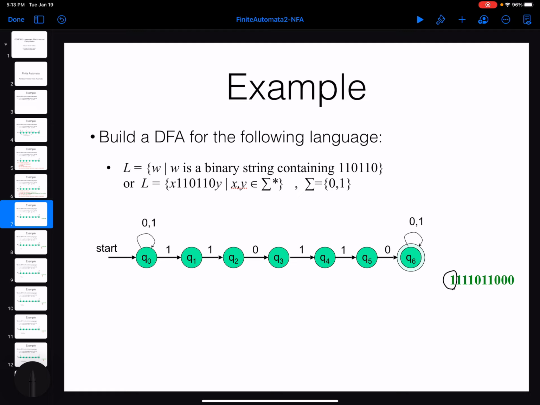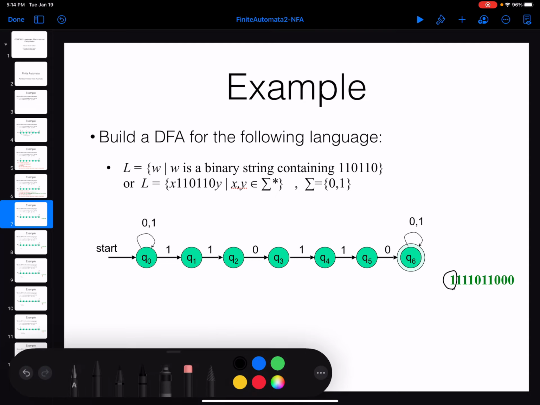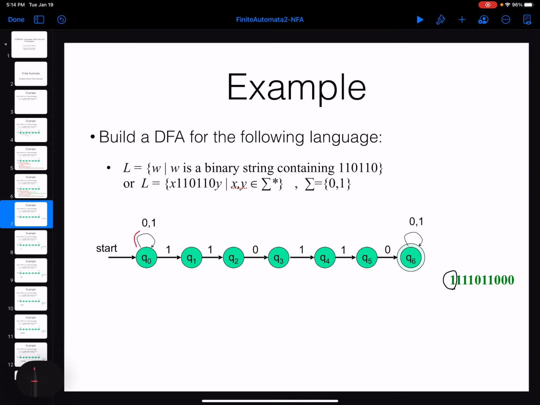At this position, should I follow this transition and stay at Q0, or should I go to Q1? The thing is, you should choose. If you have an NFA with more than one transition, just choose one of them. I'm going to show you this example, then later show you the different possibilities that we can get.